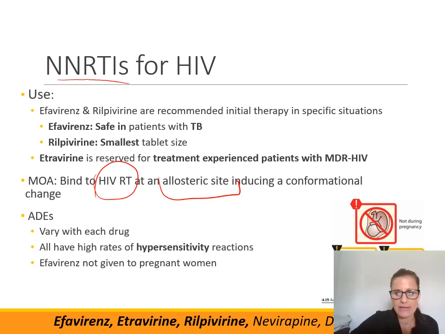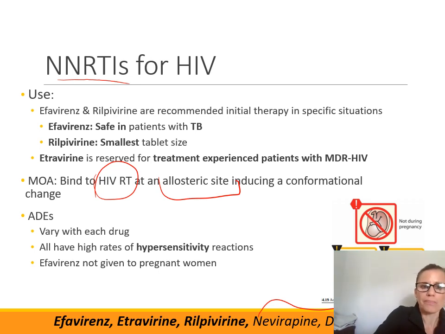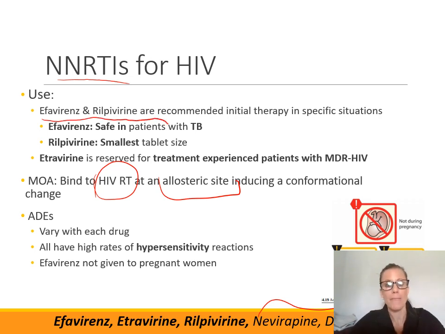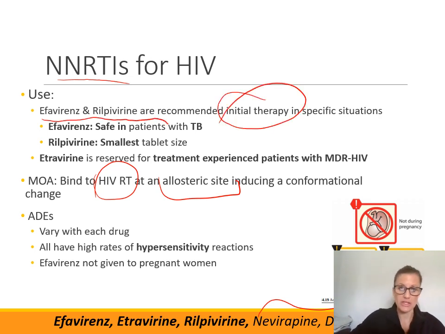Nevirapine and delavirdine, these last two have lower efficacy, so they're not recommended in clinical situations very frequently. Efavirenz and rilpivirine are recommended as initial therapy in certain situations, whereas etravirine is not initial therapy.